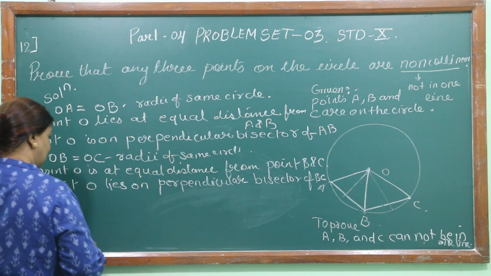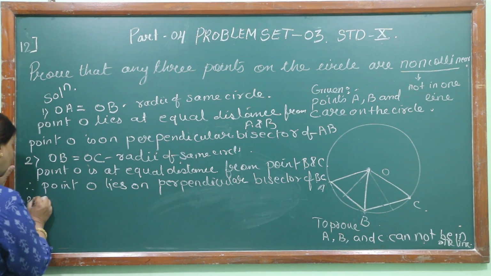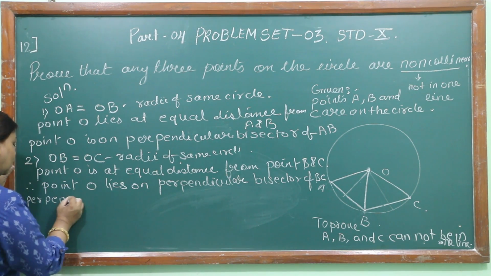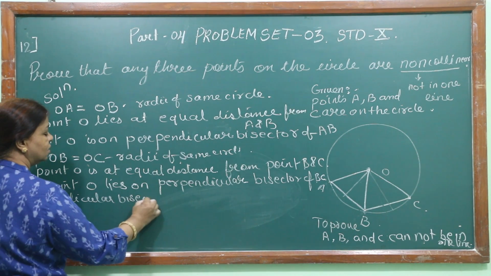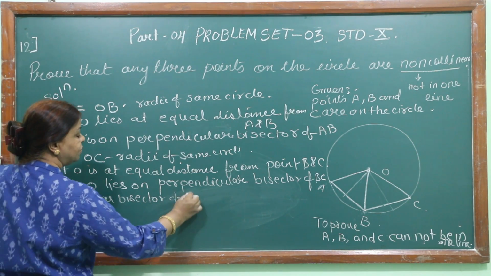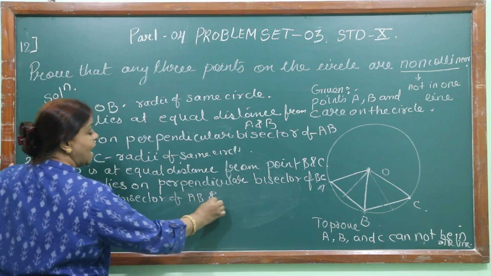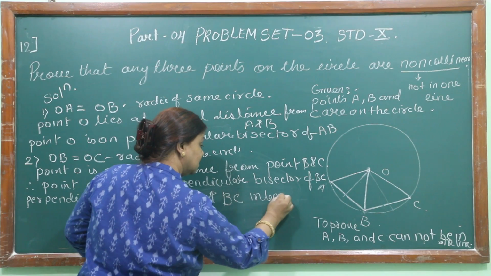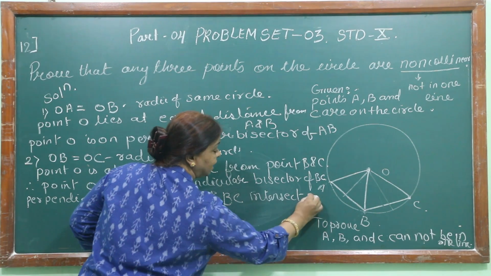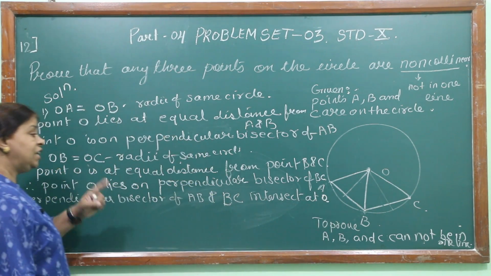Clear? That means perpendicular bisector of AB and BC intersect at O. And how did you know that?